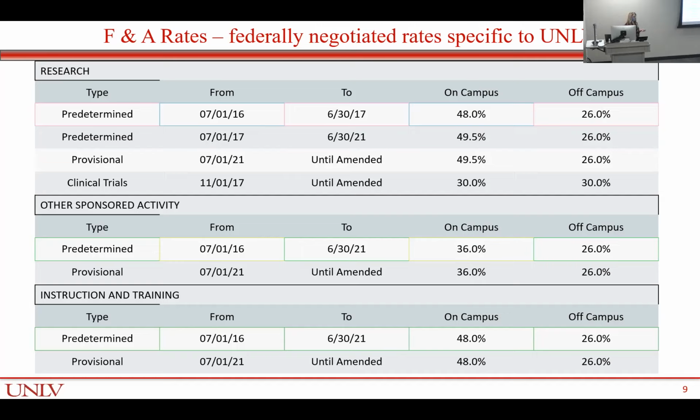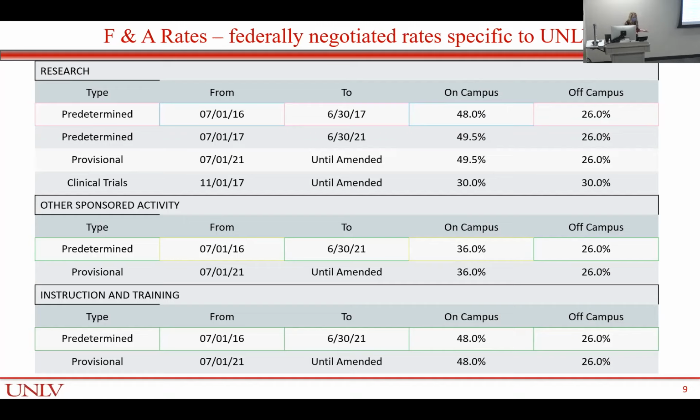So the goal is for us to apply these negotiated rates to every agreement that we get coming into the university from extramural funding. There are cases in which there's a training grant and there's a cap of 8%. The federal agency says, we're only going to pay 8%. Well, we're going to apply for that anyway, but we're only going to get 8%.